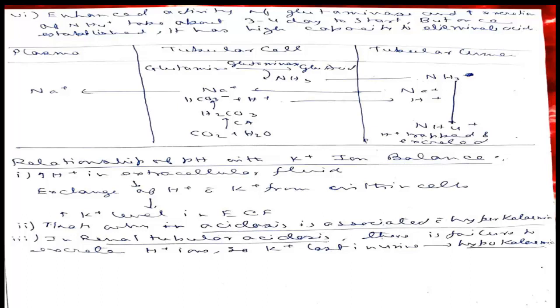That means acidosis is associated with hyperkalemia. But in renal tubular acidosis, there is failure to excrete hydrogen ion, so potassium is lost in urine. So in renal tubular acidosis, there will be hypokalemia.